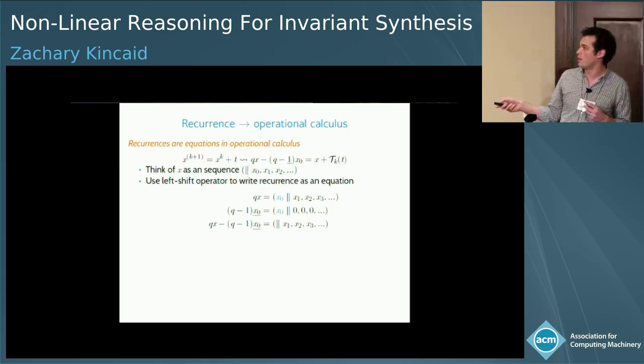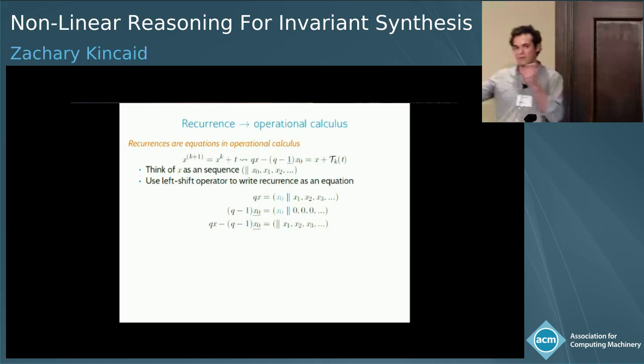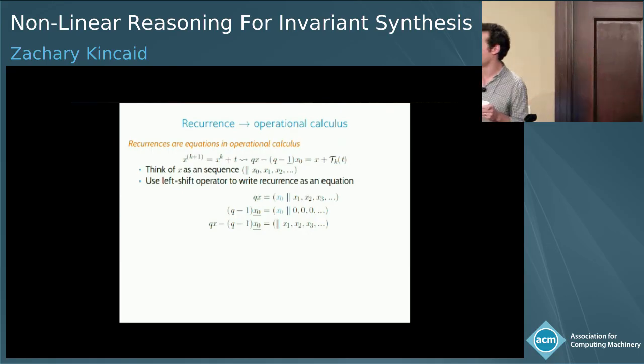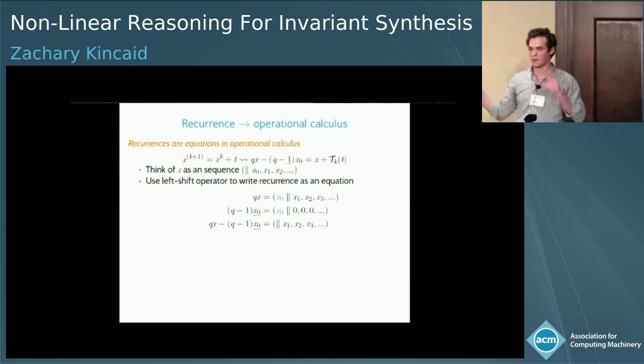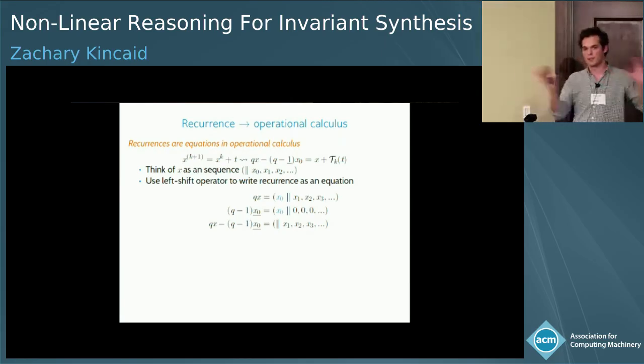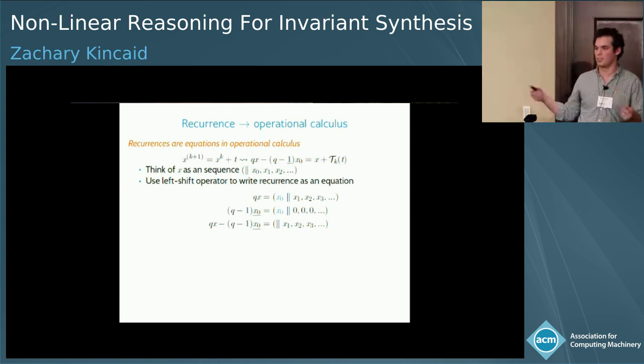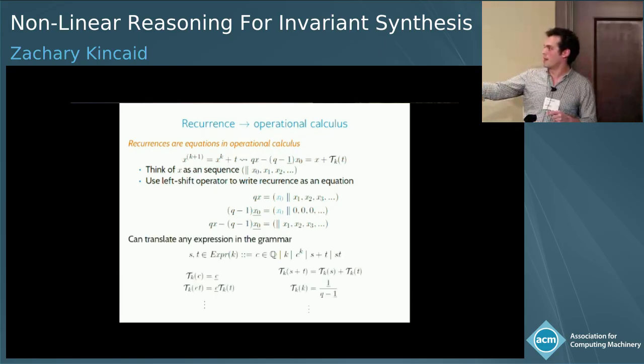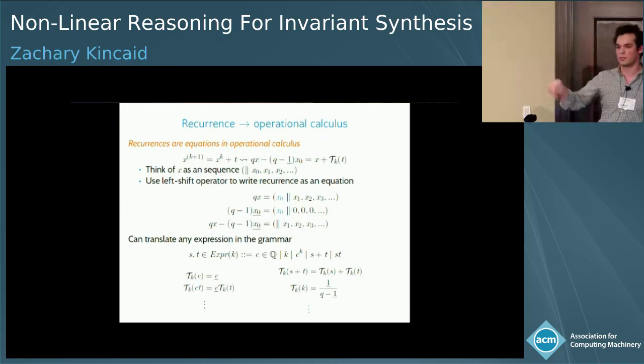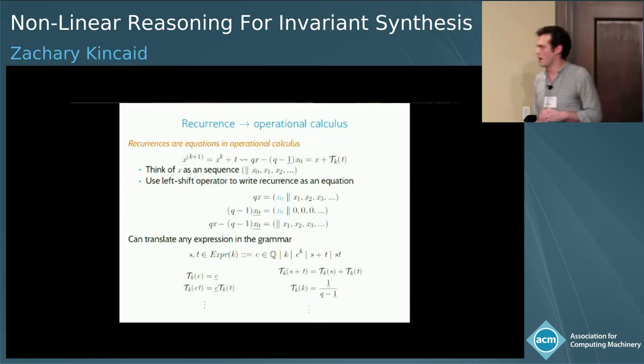So this x to the power k plus 1 represents exactly this sort of shifted operation. If we multiply q by x, we shift left, then we need to knock out this x0, so we have to subtract this q minus 1 times x0. But the result is we have the exact same sequence, just shifted to the left, and now we equate that with the unshifted sequence plus some additive term. And the additive term is translated using this t sub k function into the operational calculus. All right.